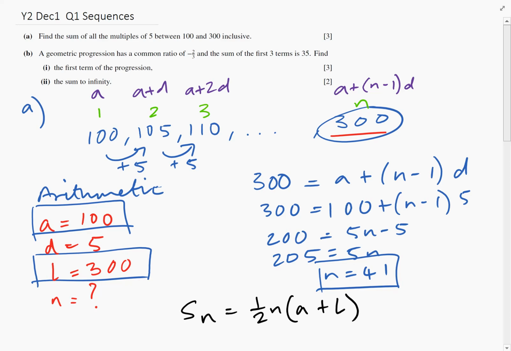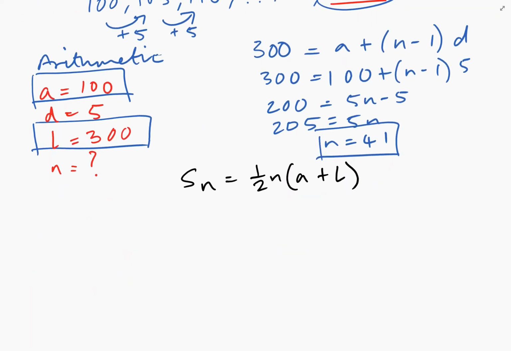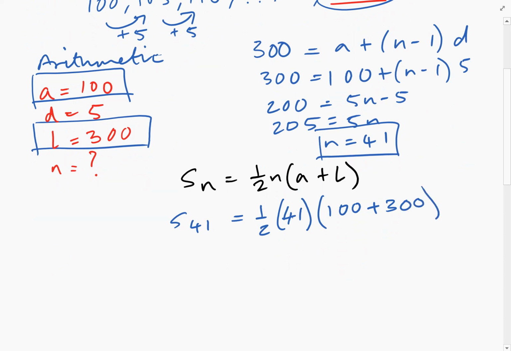And if we substitute those values in, we find that the sum of 41 terms is a half of 41 times 100 plus 300. And so that's going to equal 400. Half of 400 is 200. 200 times 41 is 8,200. So that's the answer to part A.